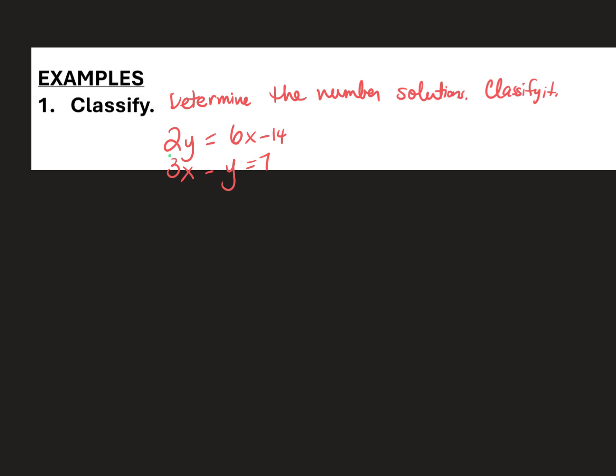I'm going to divide by 2, so this one would be y equals 3x minus 7. For the other, I am going to subtract 3x: negative y equals negative 3x plus 7. I'm going to divide by negative 1.